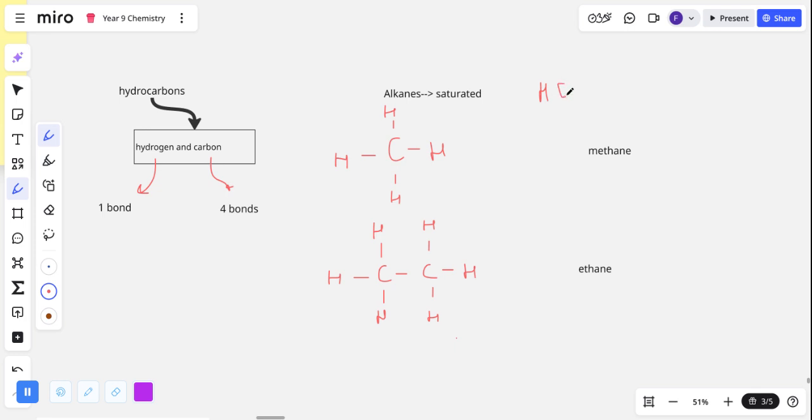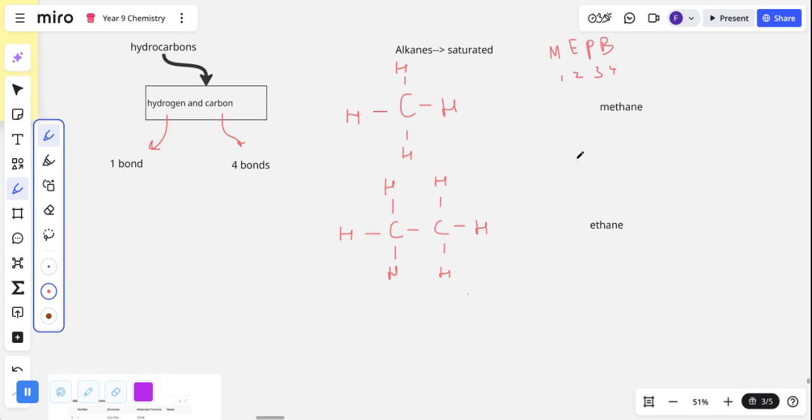Methane, ethane, propane, butane, where we've got 1 carbon, 2 carbons, 3 carbons, 4 carbons. That's an M for MePB, though it still looks too much like an H. All right, so that's what we did last week.